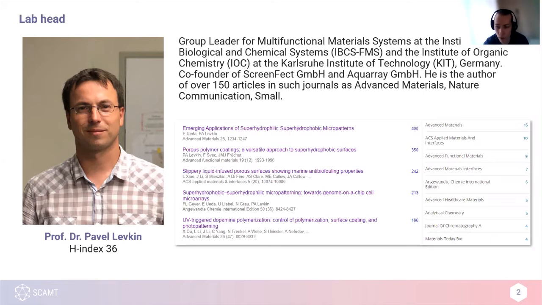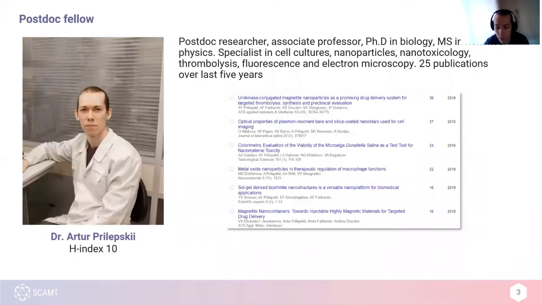Pavel is a world-leading specialist in different scanning technologies in organic chemistry, and he has a lot of published papers in good journals like Advanced Materials, Nature Communications, and so on. He is also co-founder of two companies in Germany, which specialized in different scanning applications.